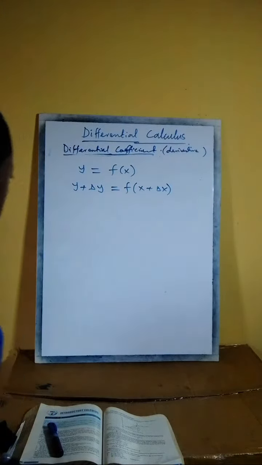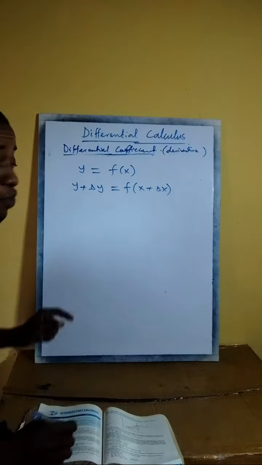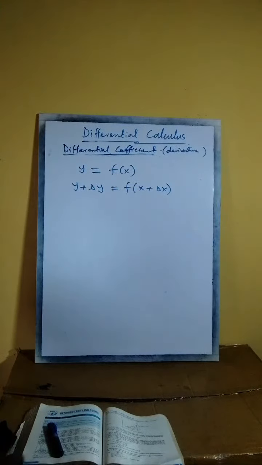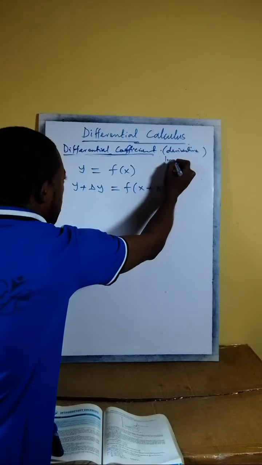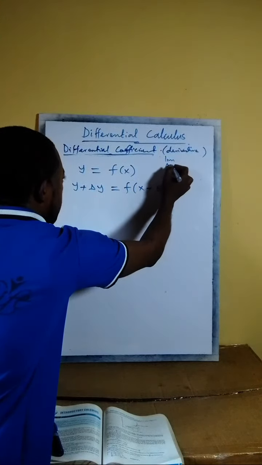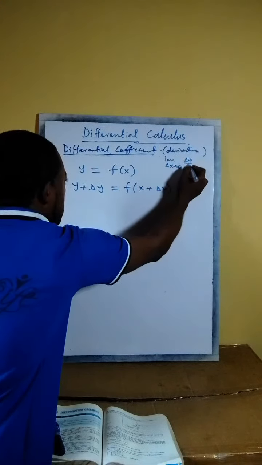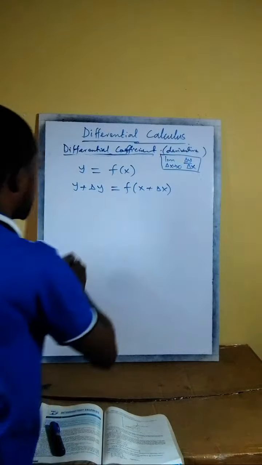Then next step, don't forget what we want to derive here is the differential coefficient from the first principle, and from the formula of differential coefficient, we already know that it is the limit as delta x tends to 0 of delta y over delta x. So this is what we want to derive from the first principle.